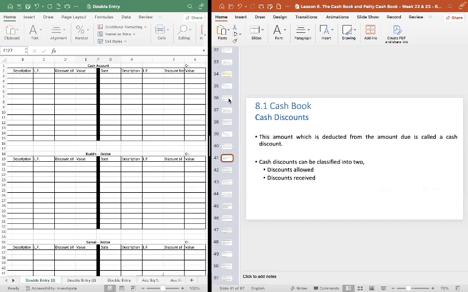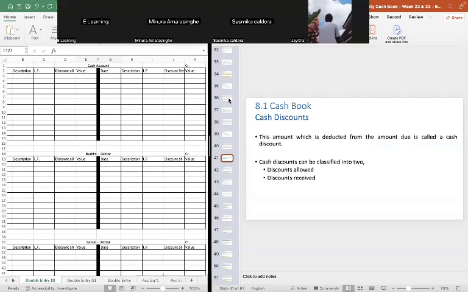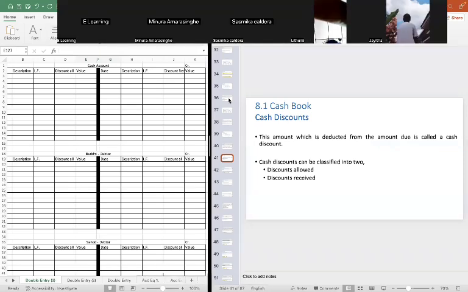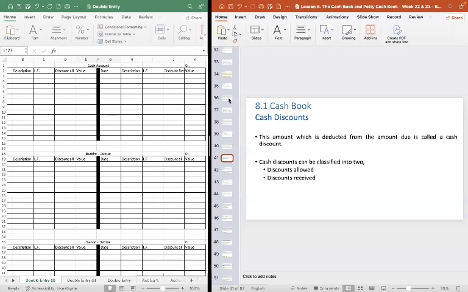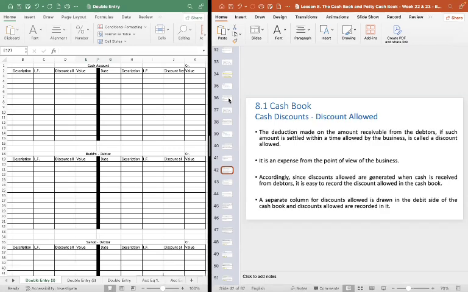In cash discounts, we have two things: discounts allowed and discounts received. From the seller's perspective, when they give the discount, that is discounts allowed. And from the buyer's perspective, when they receive the discount, that is discounts received. We discussed this yesterday.